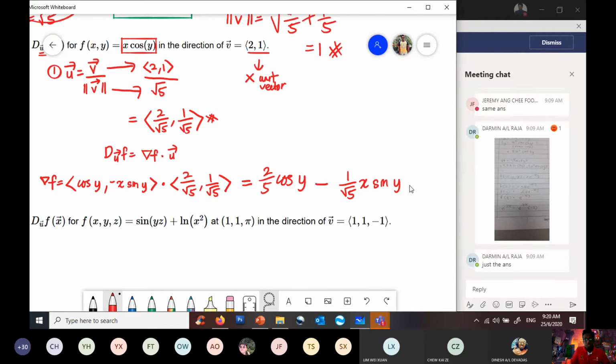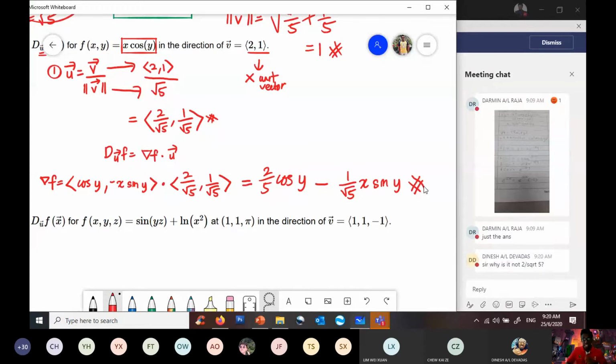So this is my directional derivative. This is my rate of change when I allow both x and y to change such that x changes twice the value of y. I know it's so much to comprehend, but this is how you do it.